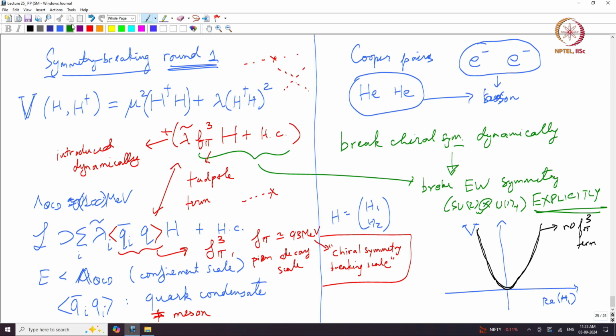Now, with the f pi cube term, how would things look? I have added an extra tadpole term. Would you agree that if lambda tilde is positive, the whole thing gets shifted a bit to the right? The minimum will be shifted to the right basically.